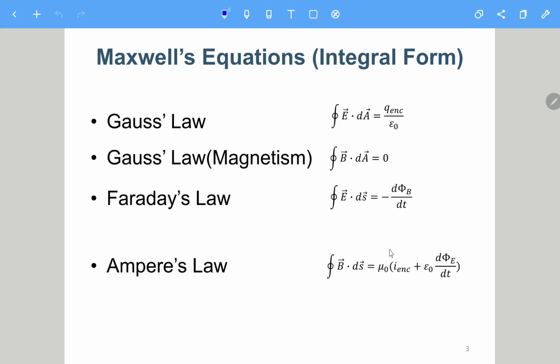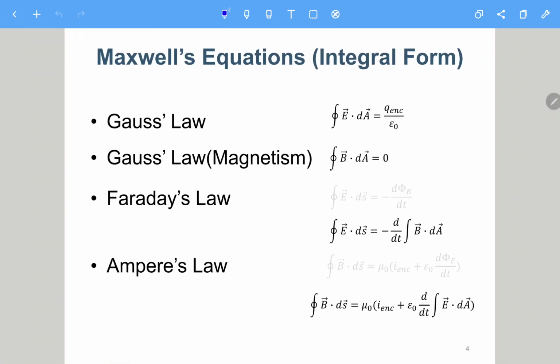But if this I enclosed is not changing, then B is not changing, and it will not further generate an induced E field. But if this d phi E, the rate of change, is not a constant, then it will generate the B field, which is also time varying. This time varying B field will further generate an E field, and this E field will further generate a B field, looping back and forth. So it will form the electromagnetic wave.